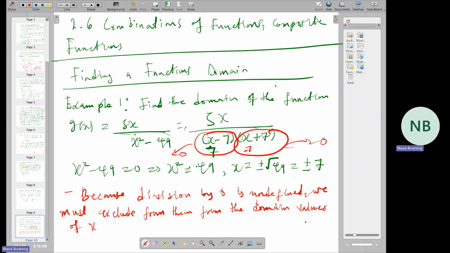We must exclude from the domain the values of x that make the denominator equal to 0.